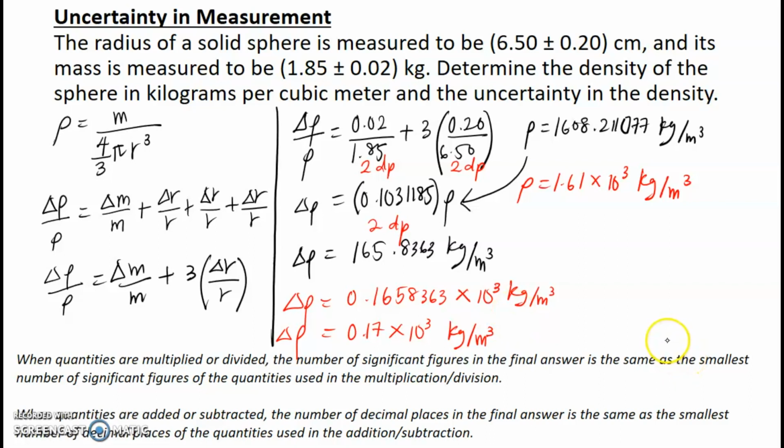Now we can write down the density along with its uncertainty together.